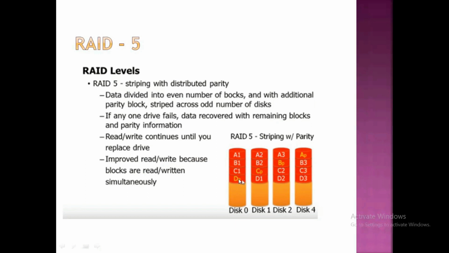D is not available here, right? So D1, D2, D3 parity blocks will be maintained here. This is how you can reduce data storage. If any one of the drives fails, data is recovered from the remaining blocks and the parity information. This is the RAID 5 concept.